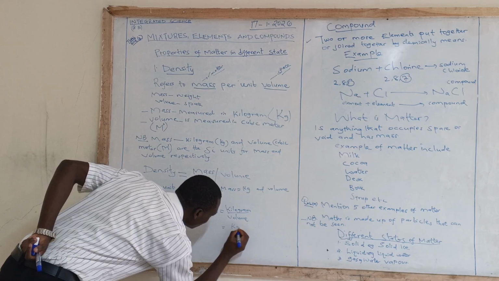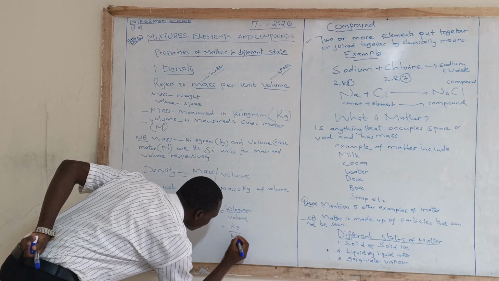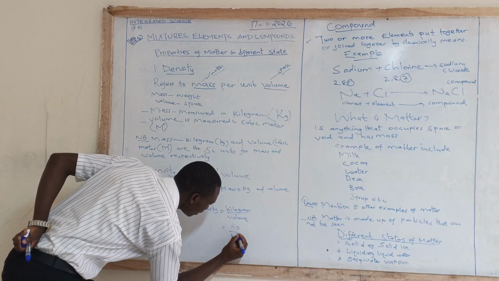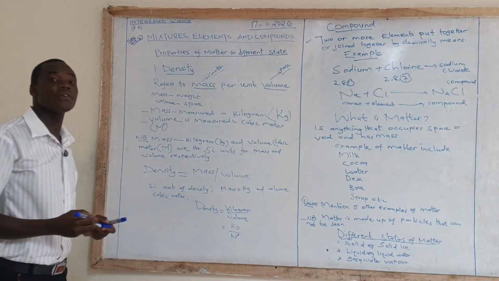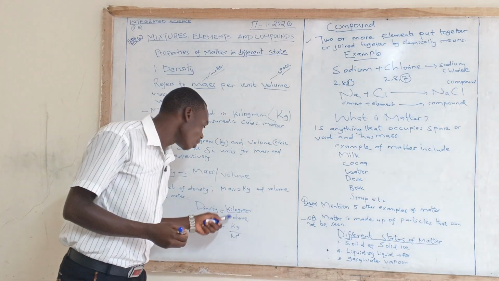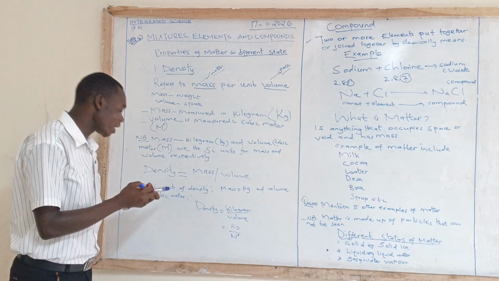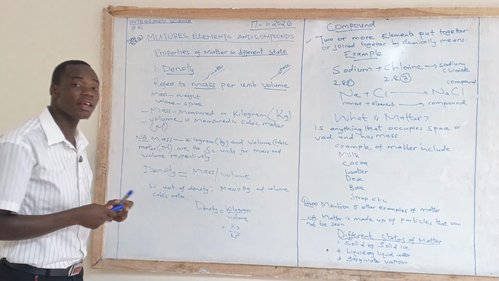Kilogram is kg, volume is m cube. So this is the SI unit for density: kilogram per m cube, kg per m cube.